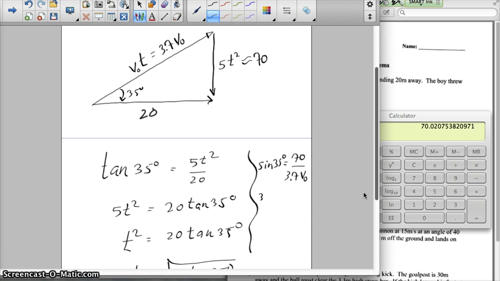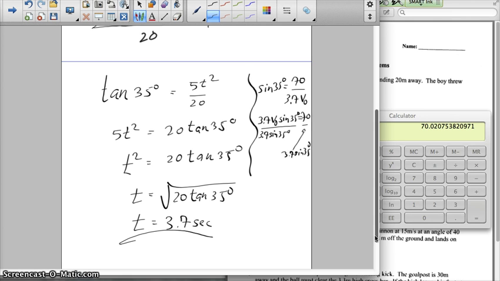So 3.7 V naught times sine 35 degrees is equal to 70. So let's divide both sides of the equation by 3.7 sine 35 degrees. I'll divide the same thing here too. I'm dividing by 3.7 sine 35 degrees.